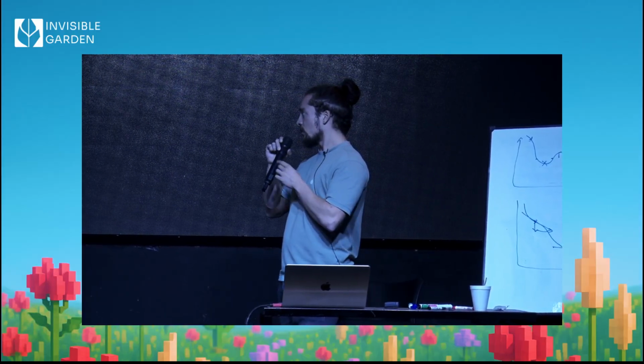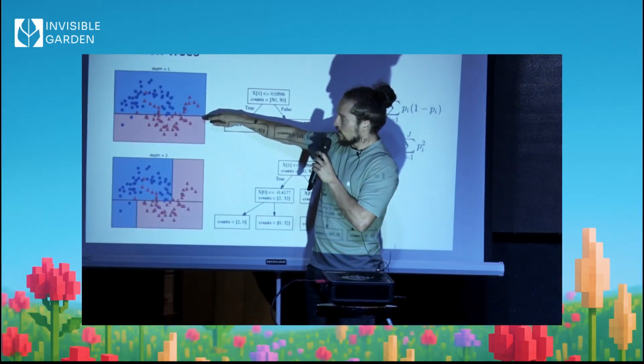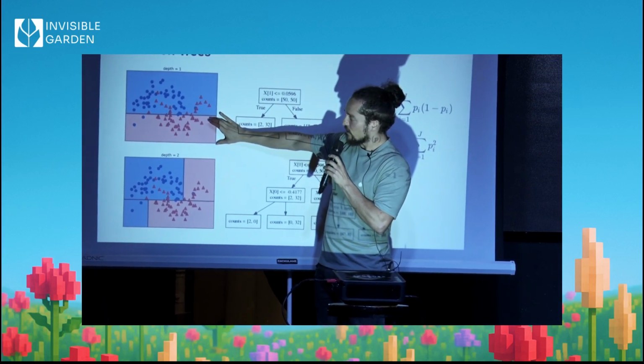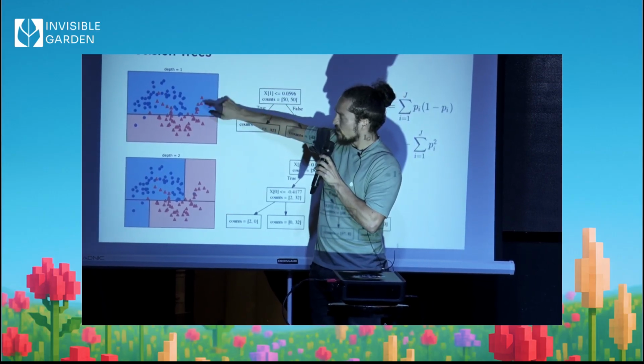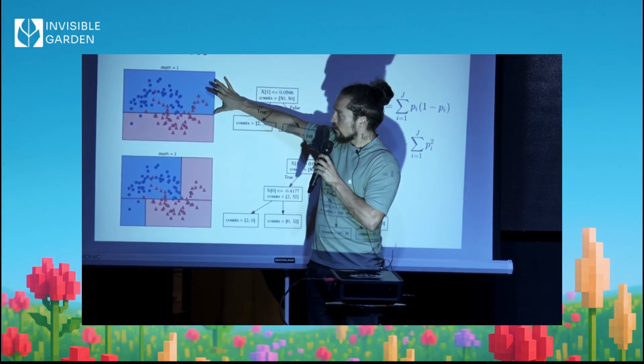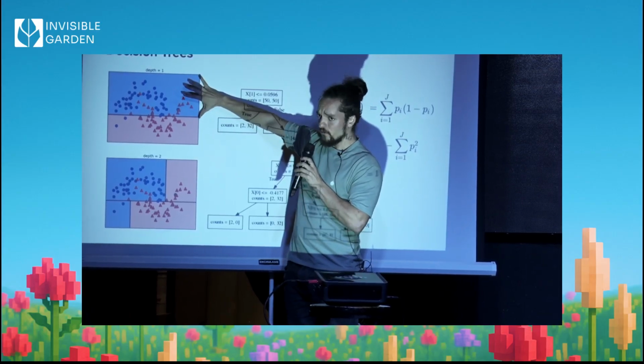And so in this case, this Gini index, instead of the counts, it's going to be the proportion of the points on each side of your decision. So let's say you do this cut, and then you're going to calculate a Gini index for each of the sides. And that's going to be based on how many blue points you have with respect to the total, and how many red points you have with respect to the total.